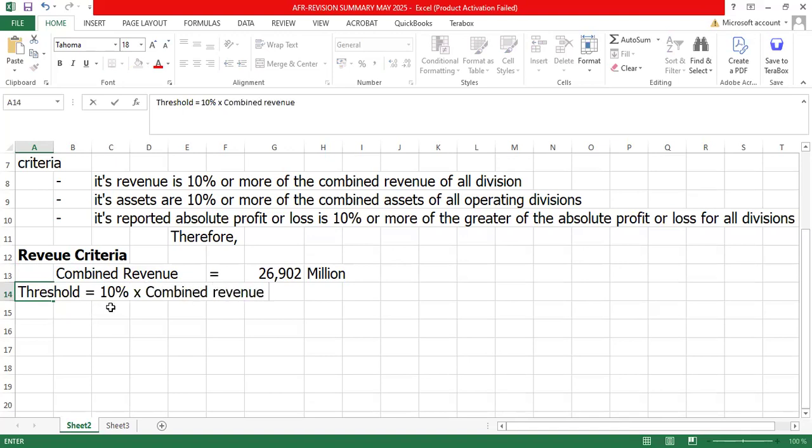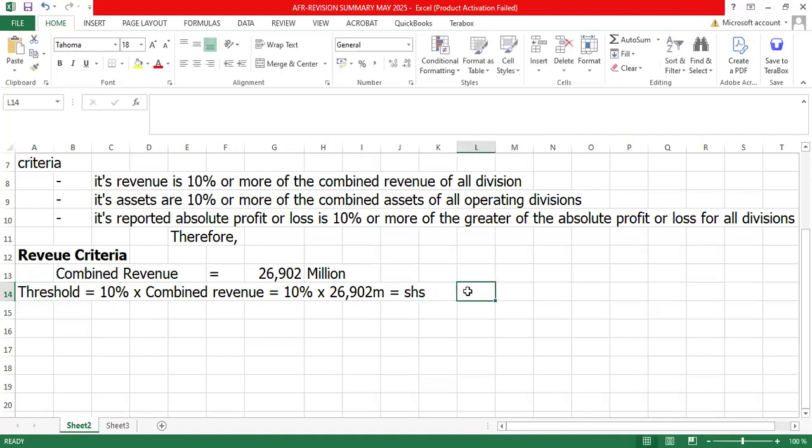And how much do you get? This is 10% times 26,902 million. How much do you get? This is shillings. Those with the calculator, 10% times this, is million.